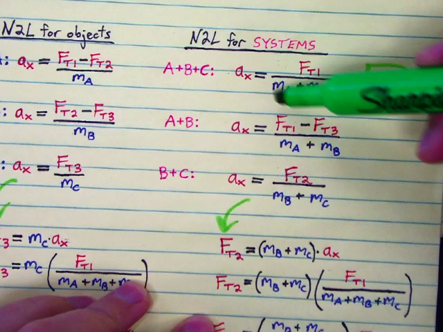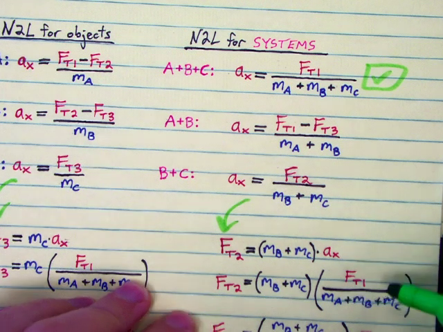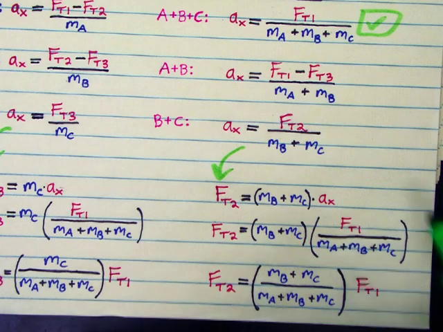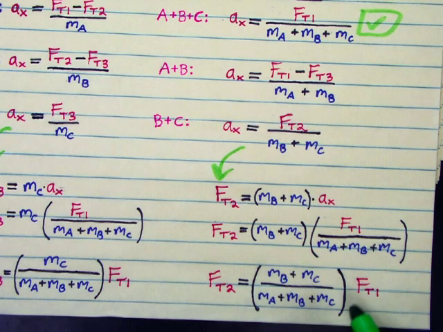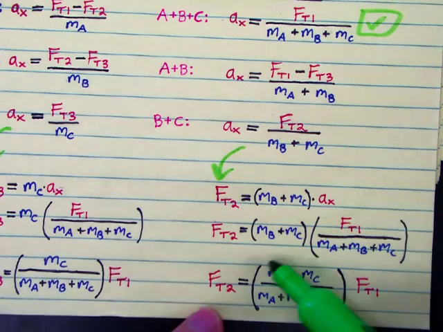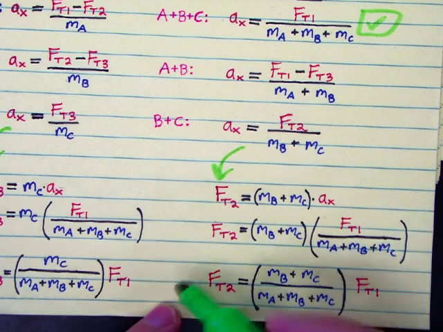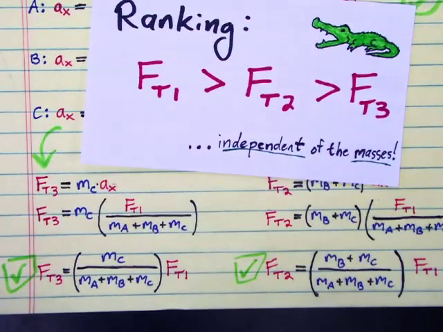Here is our acceleration that we solved for in step 1, so let's substitute that in here and then rearrange those terms to find how tension 2 relates to tension 1. Here again, note that mass B plus C is always going to be less. This numerator is always less than A plus B plus C. So no matter what the masses are, this combination is a number less than 1, so tension 2 is always less than tension 1, again confirming our ranking here.